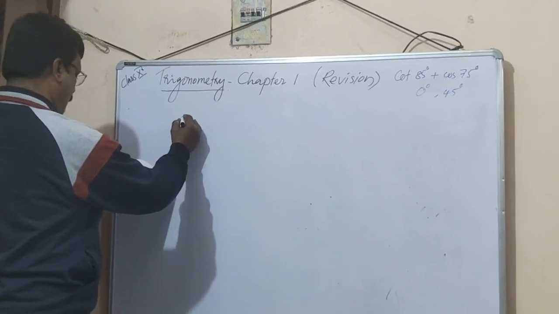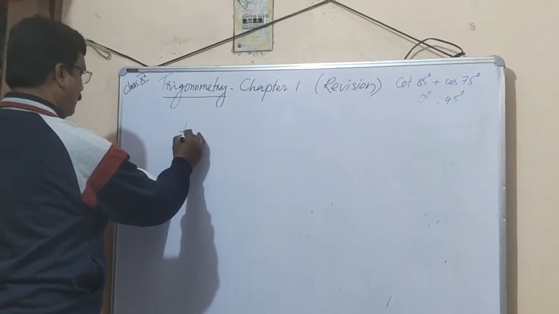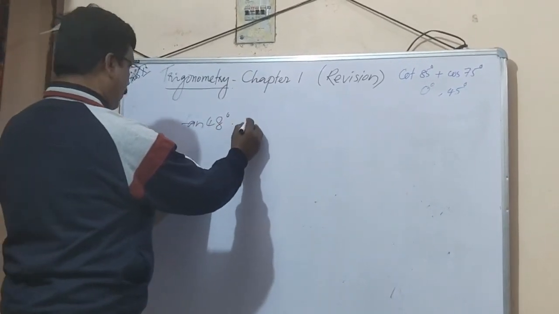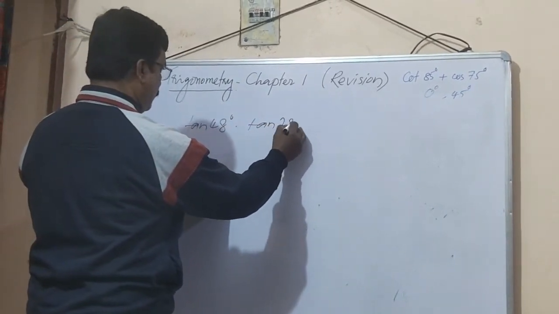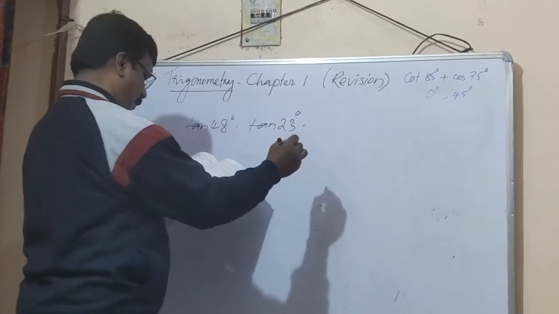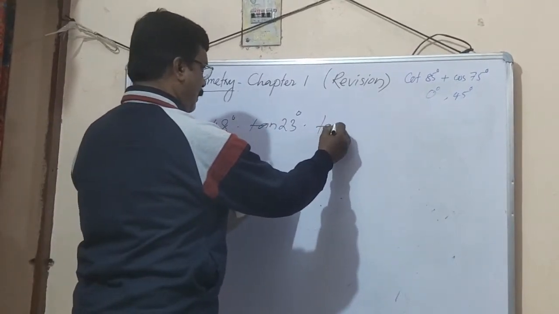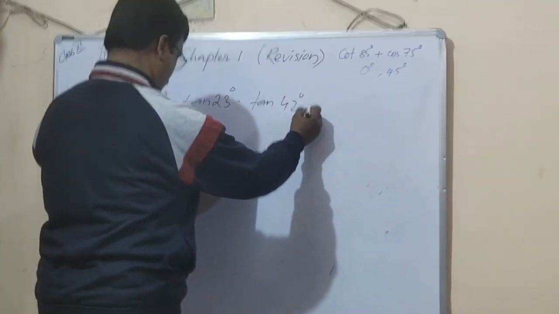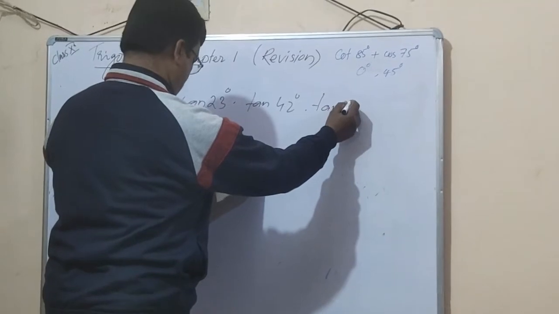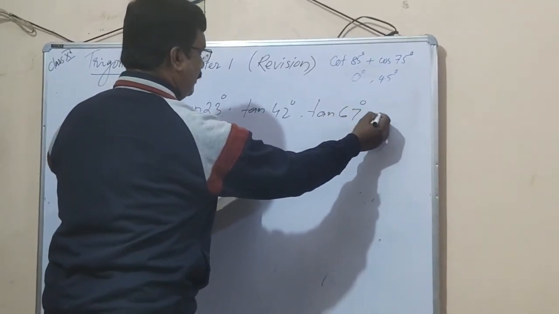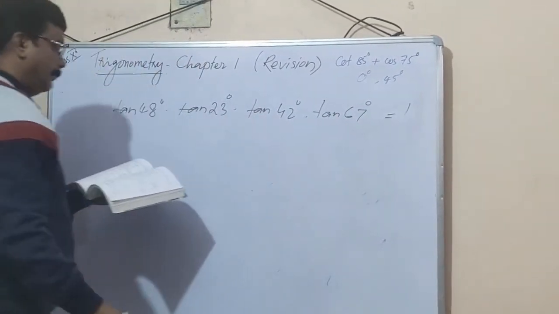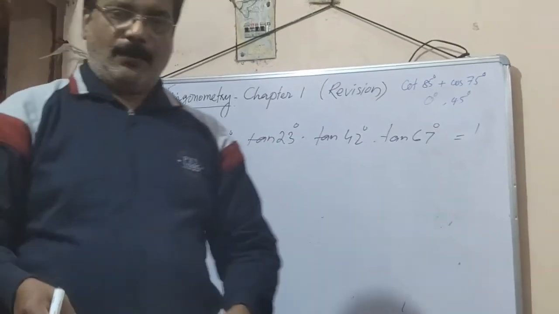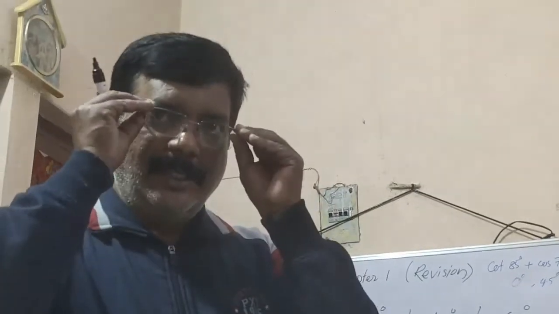First, tan 48 degree into tan 23 degree into tan 42 degree into tan 67 degree, you have to prove equal to 1.